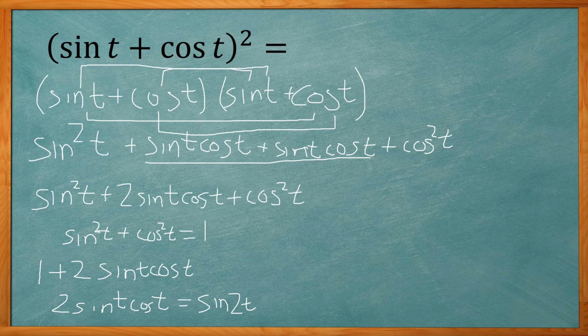So now we're at 1 plus sine 2t. So we have sine t plus cosine t quantity squared is equal to 1 plus sine 2t.